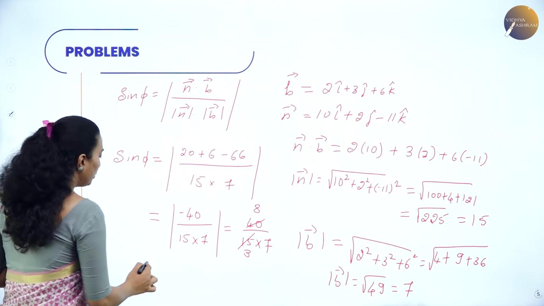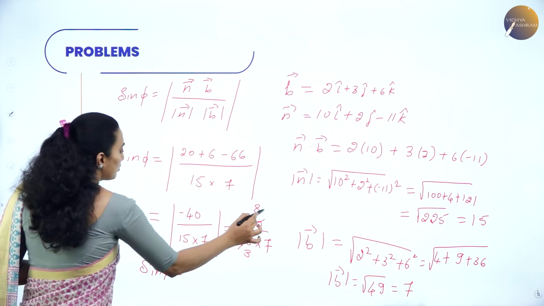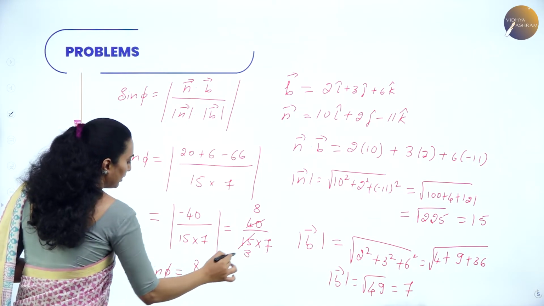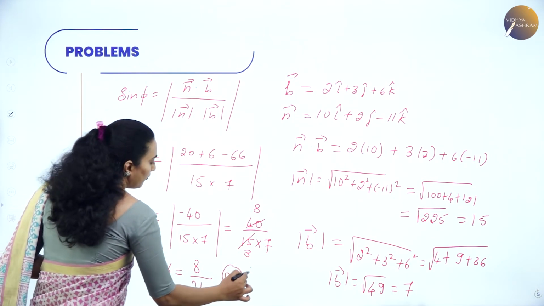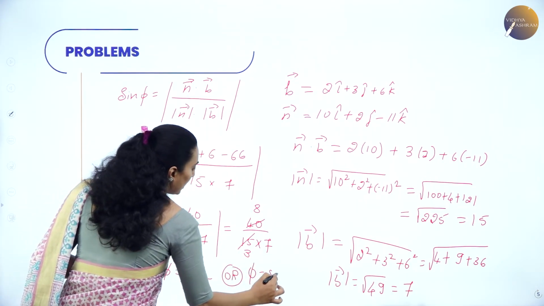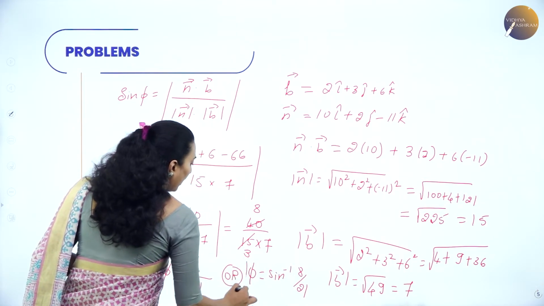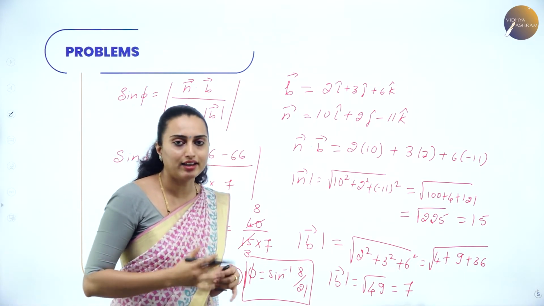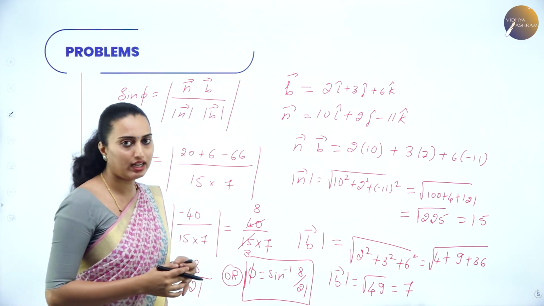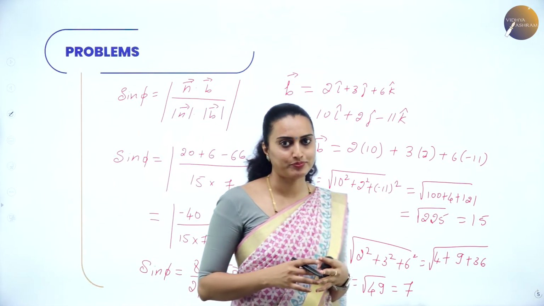Therefore, sine phi will be equal to 8 divided by 21, or you can write it as phi equals sine inverse of 8 divided by 21, and this is the answer they have asked you to calculate. That means the angle. How easy it is to calculate, dear students, if you know the vector form properly.